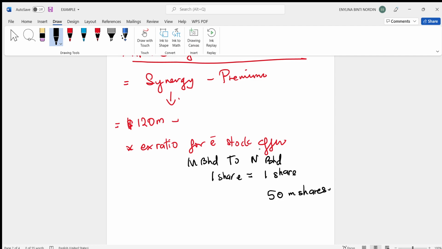That means the acquirer must offer how many shares for these 50 million shares?